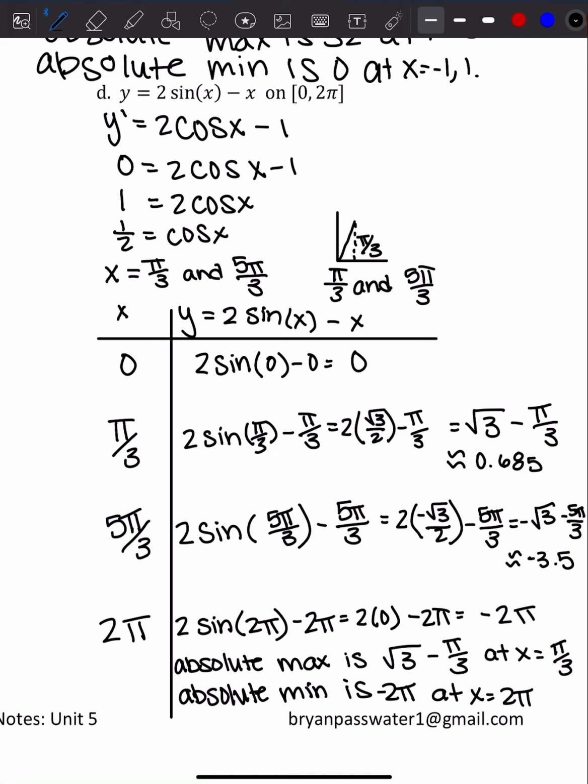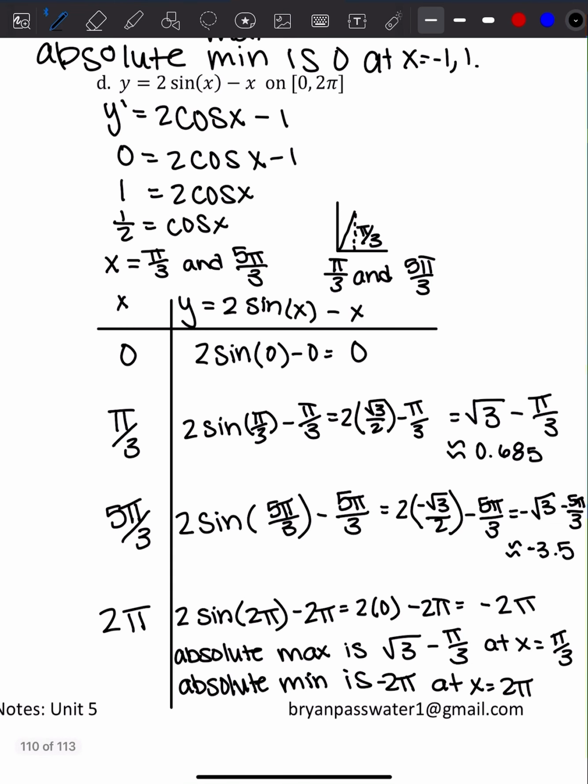So if I am looking at this, I know that it's going to be bigger than 0, but less than 1. So when I put it in the calculator, I got 0.685.